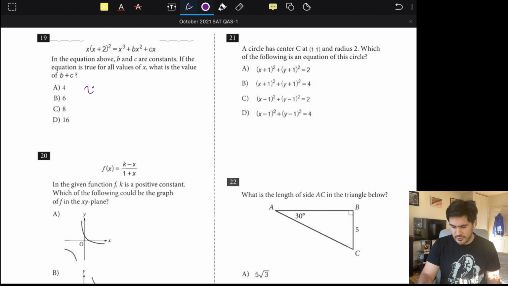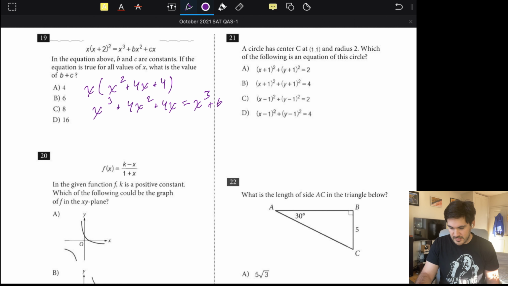That's going to get us x squared plus 4x plus 4. If we distribute that out, that becomes x to the third plus 4x squared plus 4x. And this is equal to the right side, which is x to the third plus bx squared plus cx.